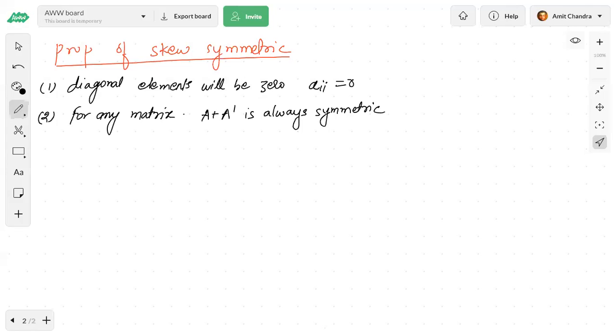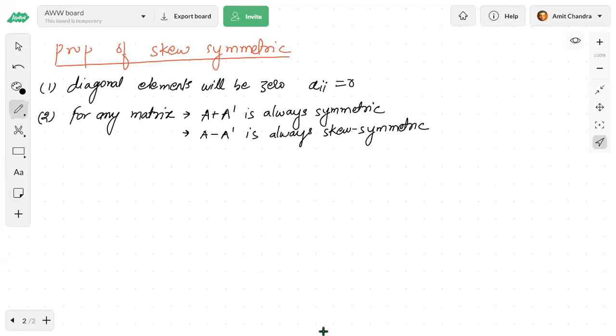Okay, I'll explain how you will get this. And A minus A transpose, or A transpose minus A, that makes no difference, is always skew symmetric. Okay, A plus A transpose is always symmetric, and A minus A transpose is always skew symmetric. How can we see this?